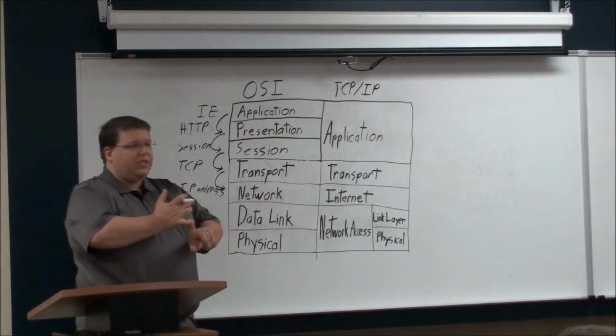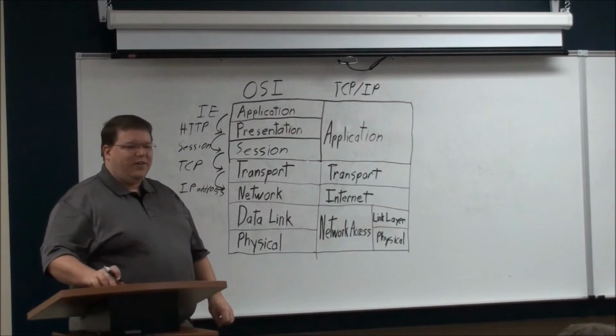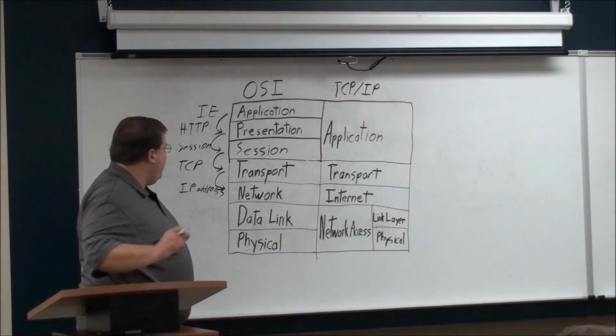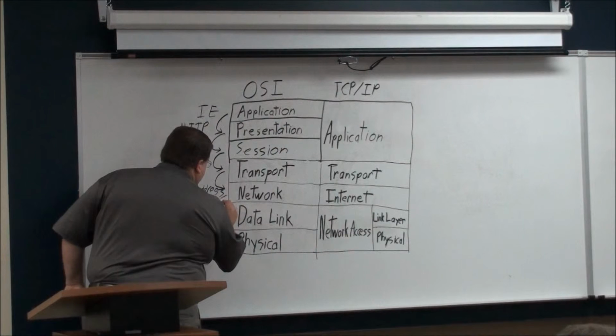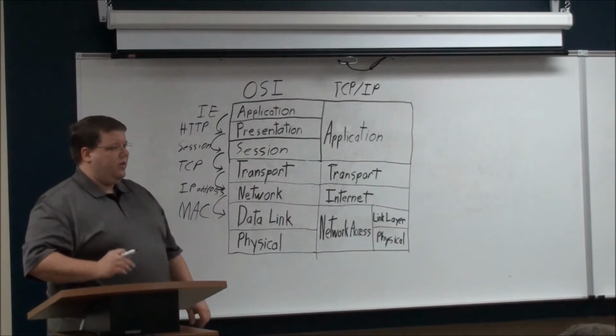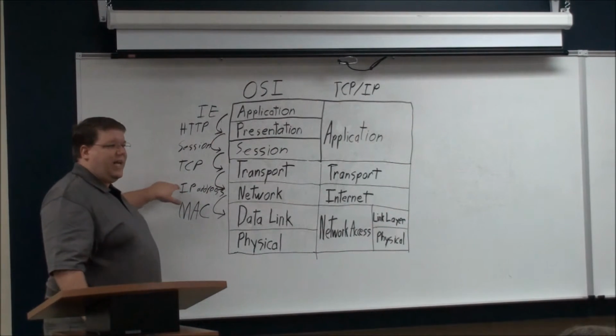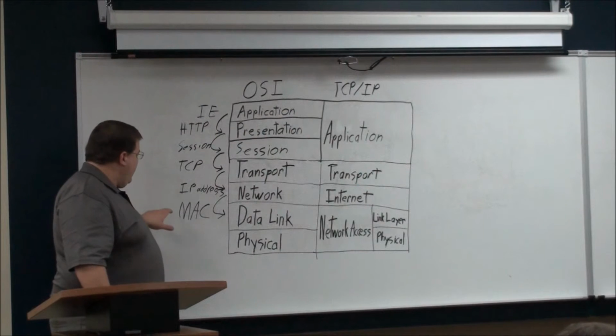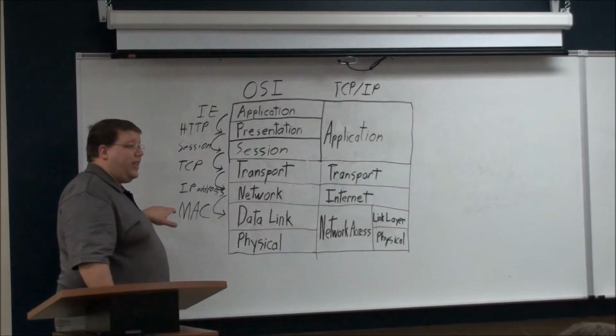You have networks in those places, and you have communication that happens within that network. And that all uses MAC addresses within a network. So the IP addresses allow you to communicate between different networks. MAC addresses allow you to communicate within a network.